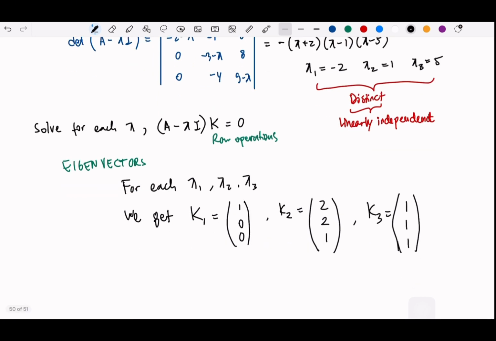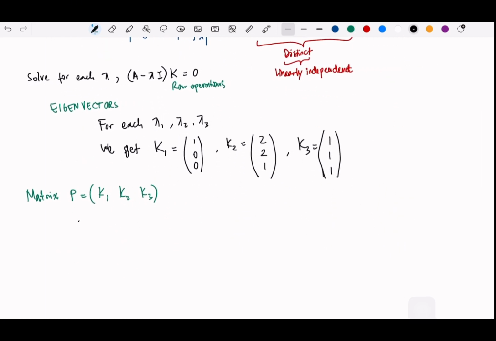And then from this K1, K2, and K3, we get the matrix P. That is K1, K2, K3 as each column, right? So we could write now the P is 1, 0, 0, 2, 2, 1, 1, 1, 1.